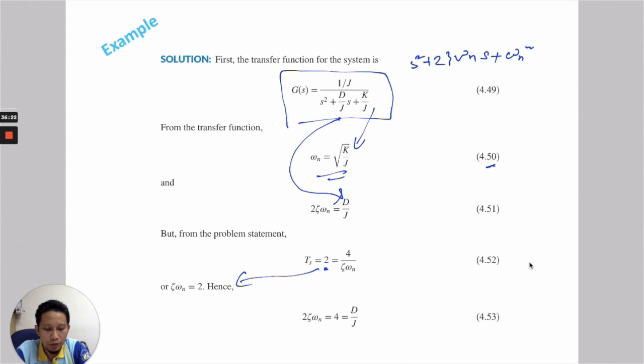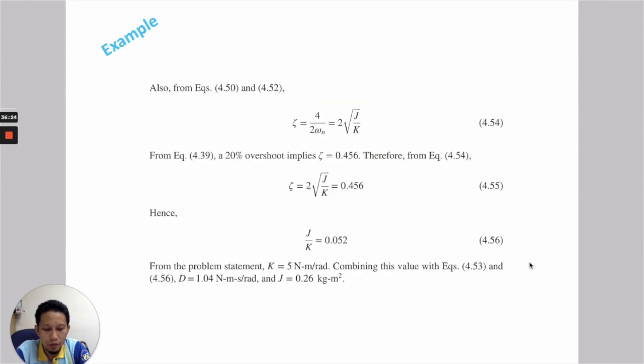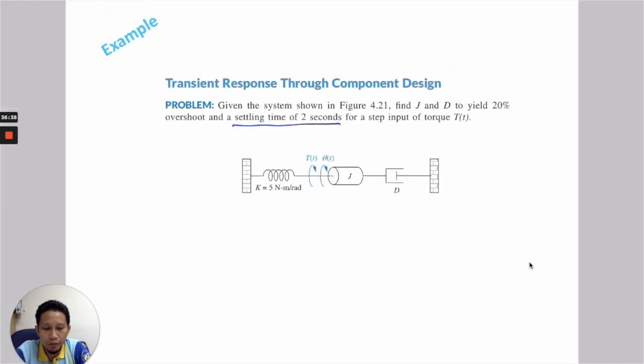What we get is zeta equals D over 2 square root of J K. The question also says that it wants 20% overshoot.